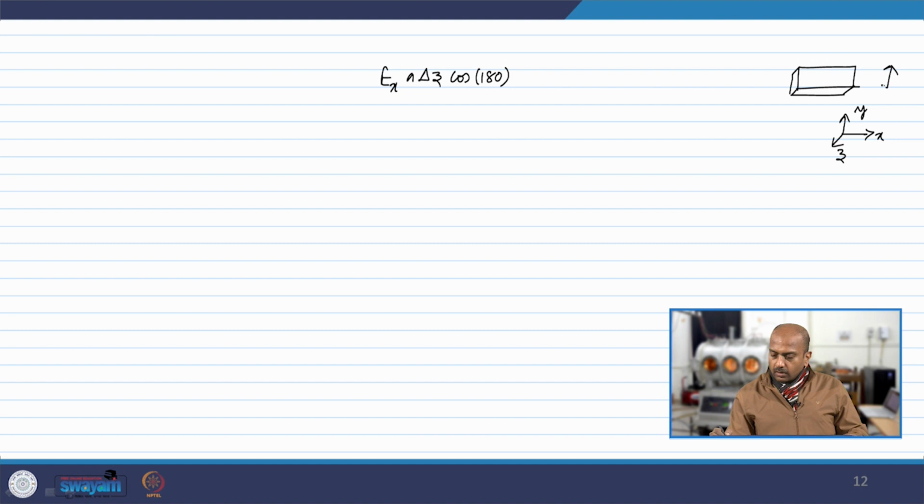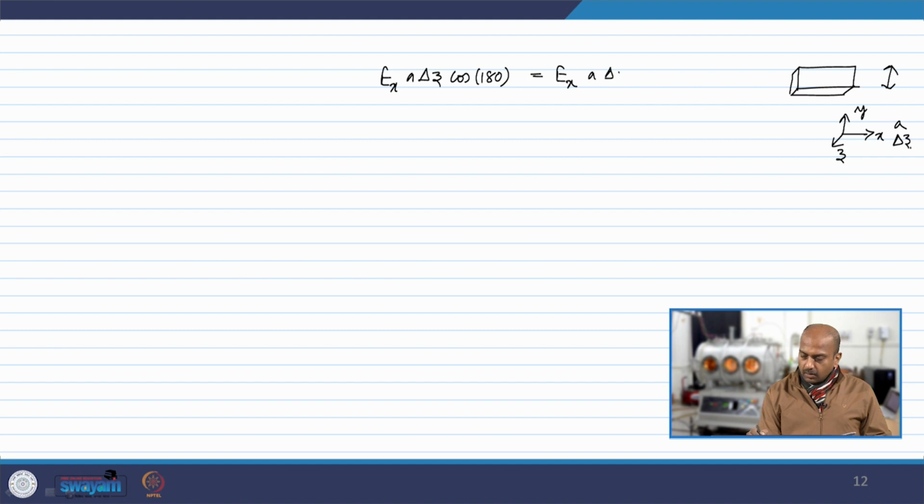So, dx dy is going to give you A. When you multiply with delta z, you have Ex A times delta z. Since we know from the Gauss law that Ex A delta z is equal to Q by epsilon naught, we can write Q as area times x times delta z.